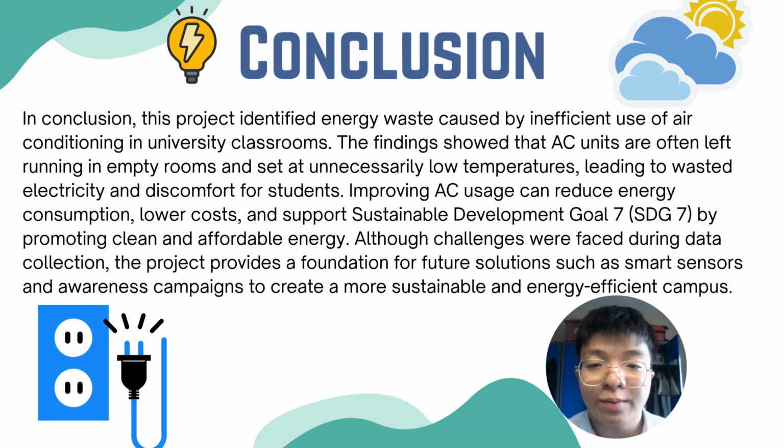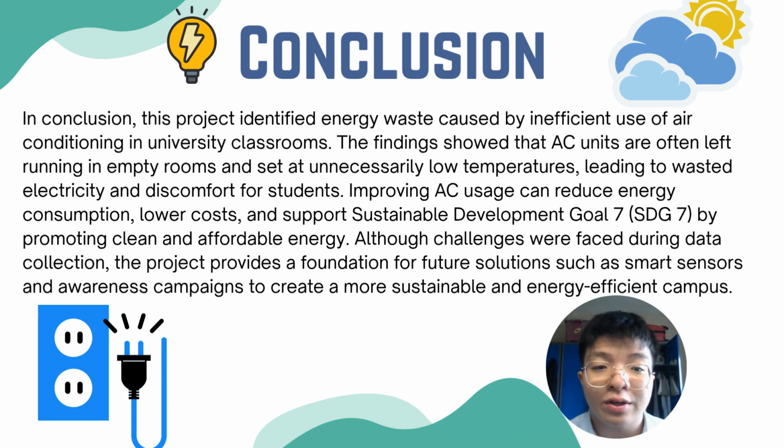In conclusion, this project identified energy waste caused by inefficient use of air conditioning in university classrooms. The findings show that AC units are often left running in empty rooms and set at unnecessarily low temperatures, leading to wasted electricity and discomfort for students.